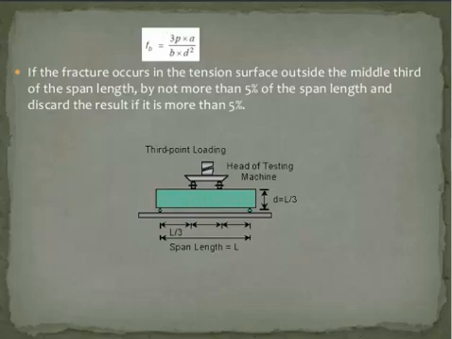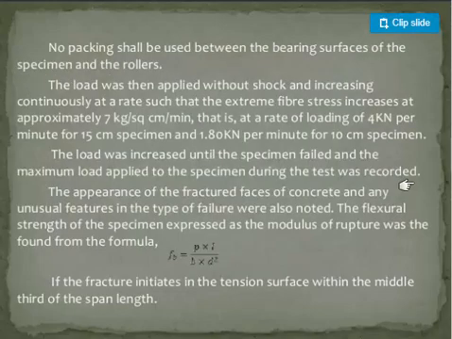If it is outside by not more than 5% of the span length, we use the expression, and discard the result if it is more than 5%. So this is basically the observation of the fracture, and as the fracture is observed, the values will be noted accordingly and applied in the expressions, and we will get the modulus of rupture.